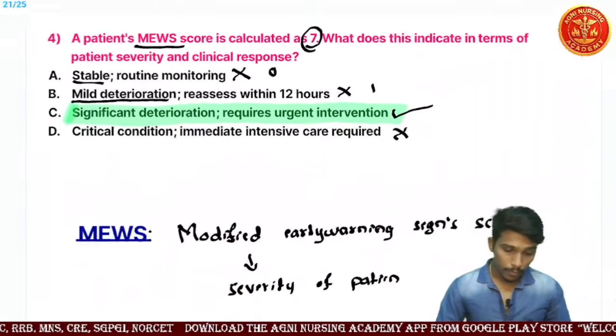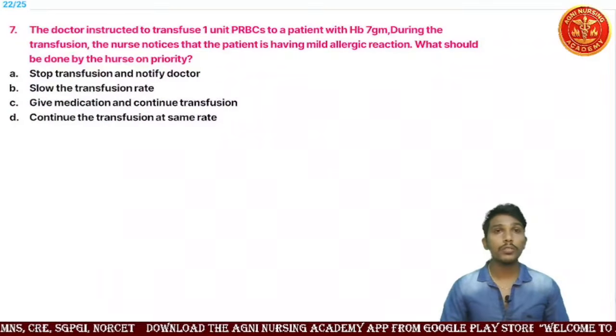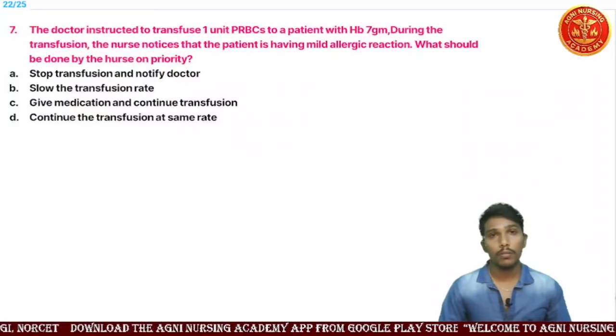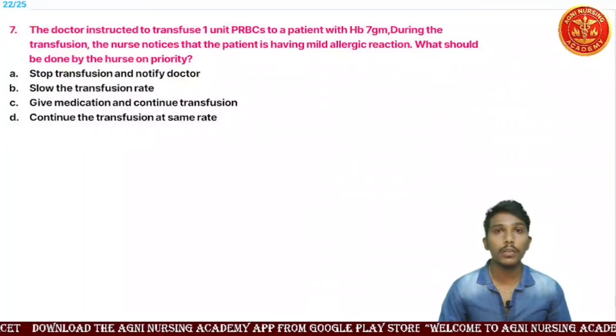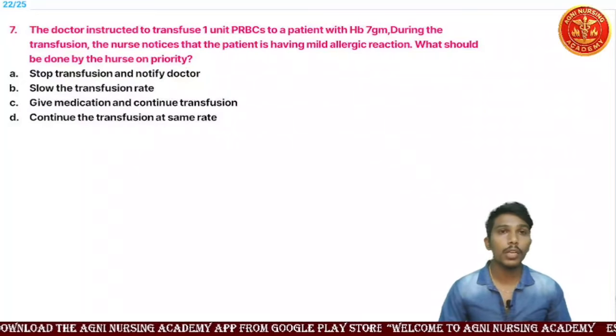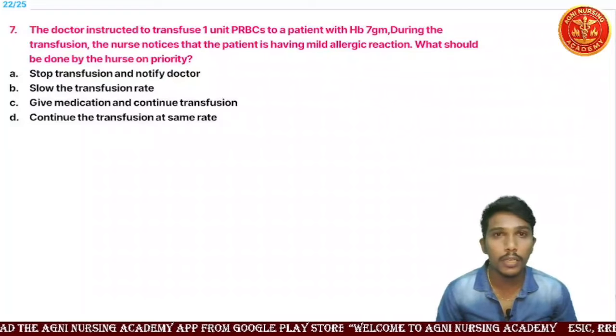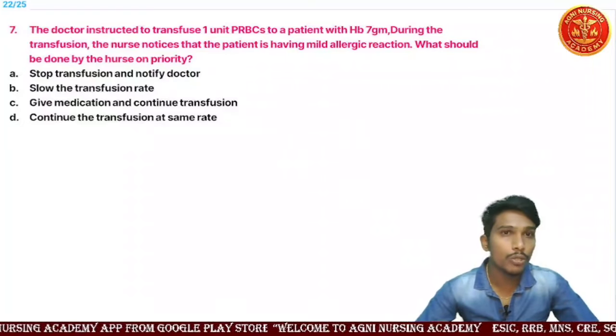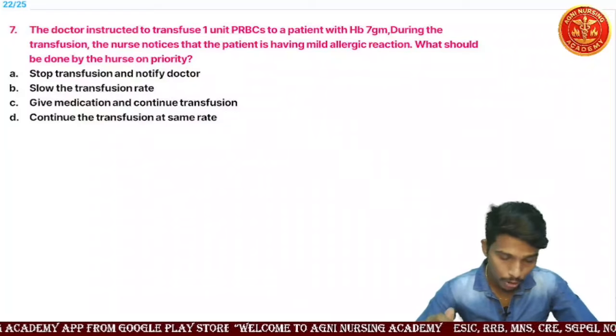Okay, then move on to the next question. The doctor instructed to transfuse 1 unit of PRBC to a patient with Hb 7 gram. During the transfusion, the nurse noticed that the patient is having a mild allergic reaction. What should be done by the nurse on priority?